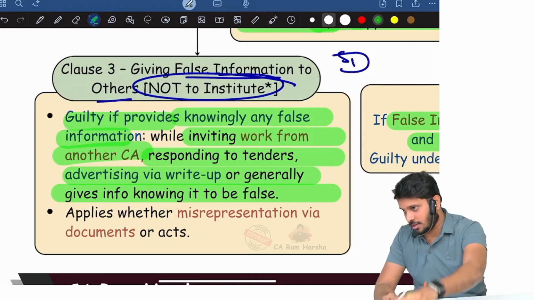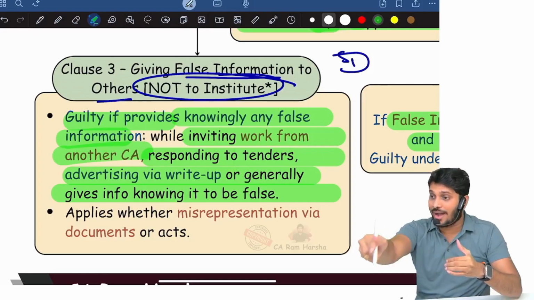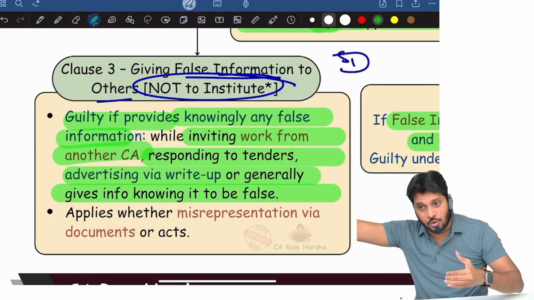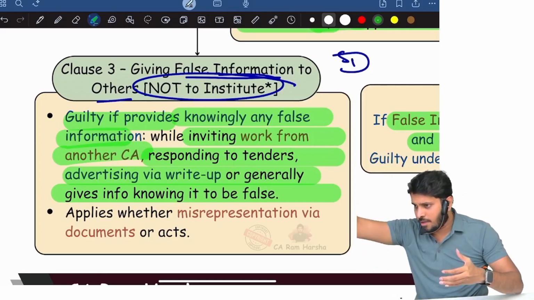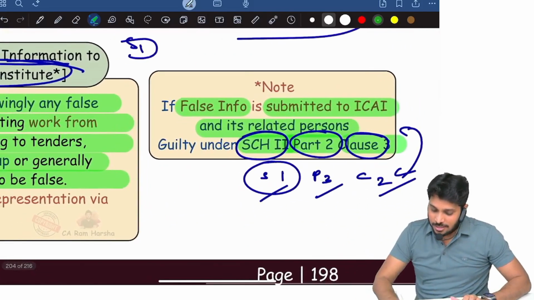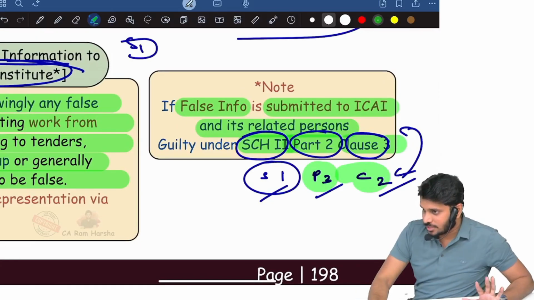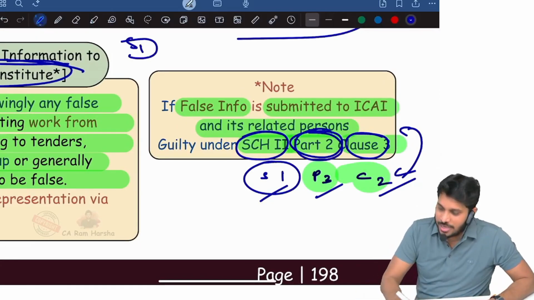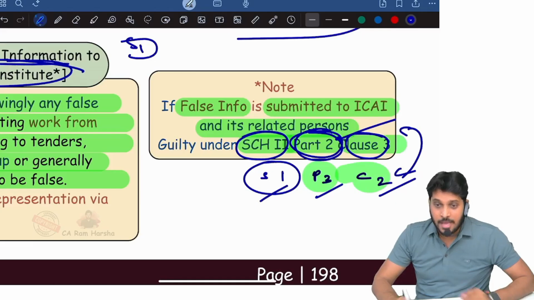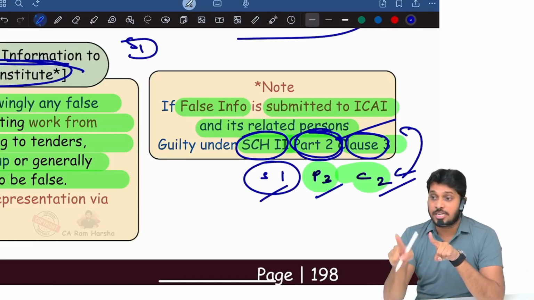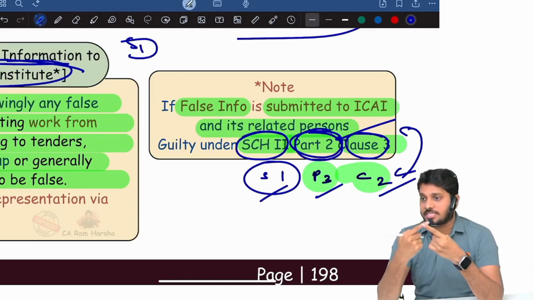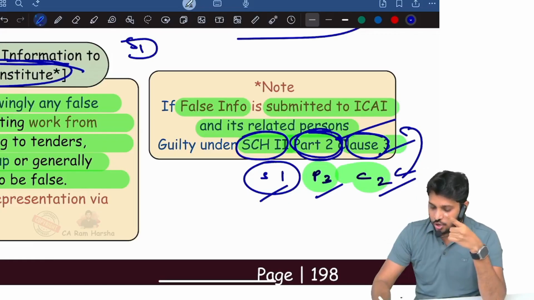If you are giving wrong information to ICAI, it will go to schedule number 2, part number 2. Are you clear? Schedule number 2, part number 2, clause number 3. Correct, part 2 only, not part 3. If you are giving false information to ICAI, it is a part 2 misconduct, schedule 2 misconduct, and clause number 3.